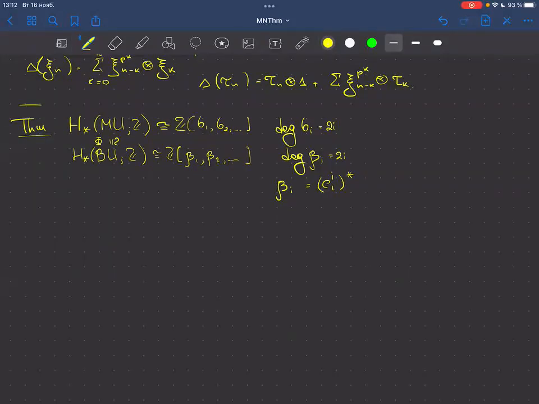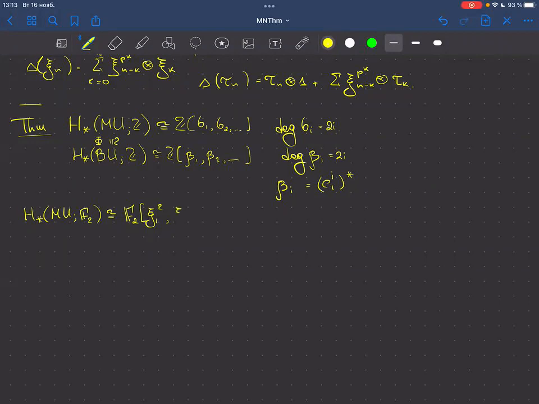We have that the homology of MU with mod 2 coefficients is isomorphic to a free comodule over such a sub-Hopf algebra.